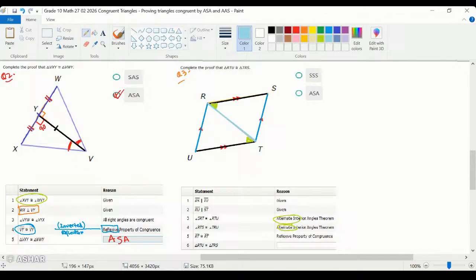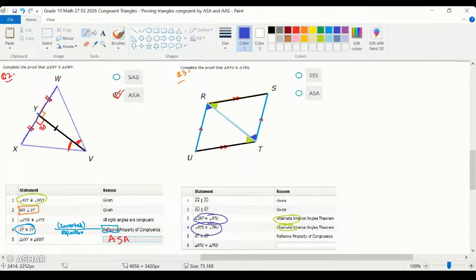So if we are forming an N now, can we say that this angle would be equal to this angle? Agreed? Right? This is what they are asking us to use.